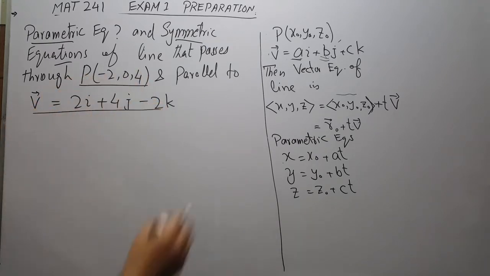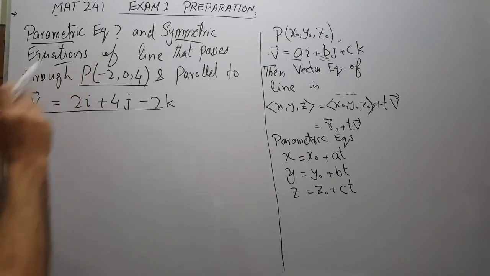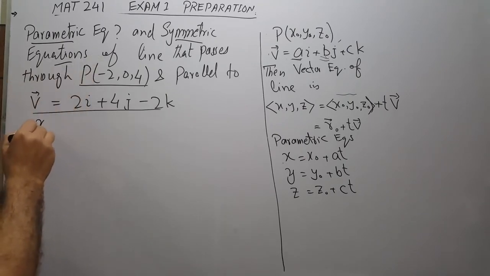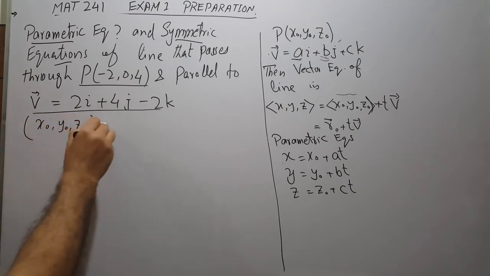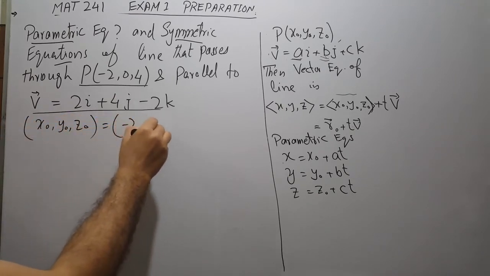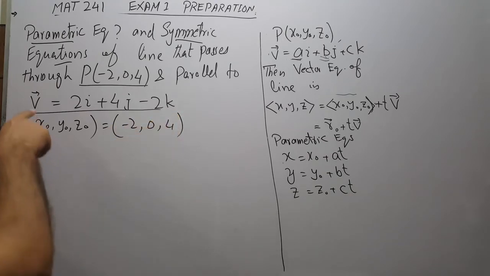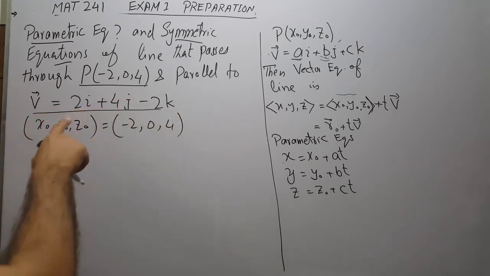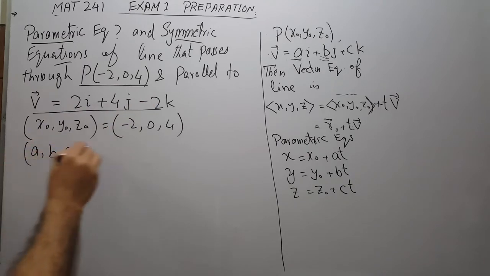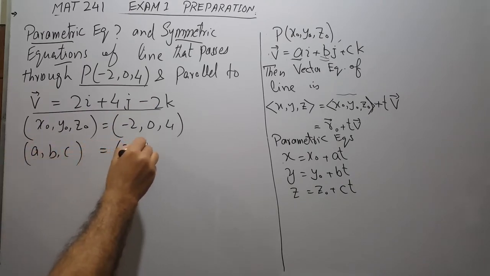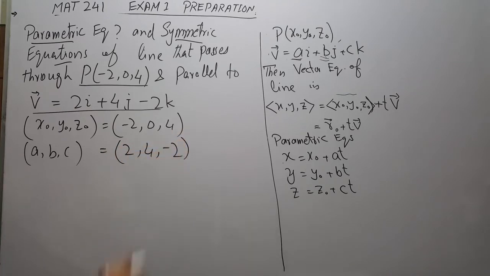So we know the formula. From here you can write down what is your x naught, y naught, and z naught. You can see that is -2, 0, and 4. And from the vector you can see your a, b, and c values are 2, 4, and -2.